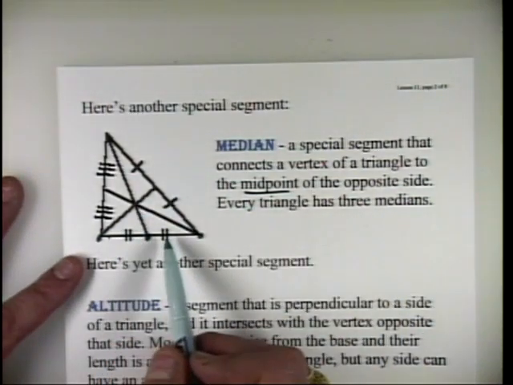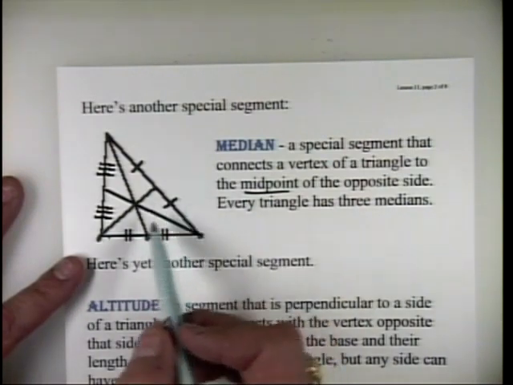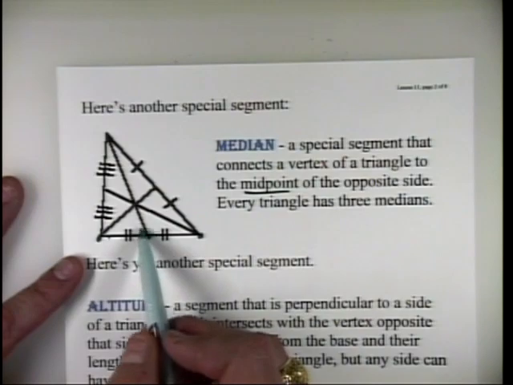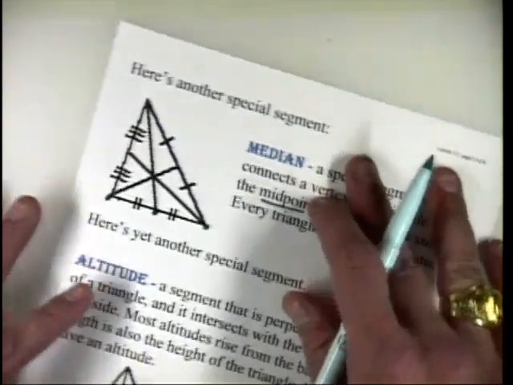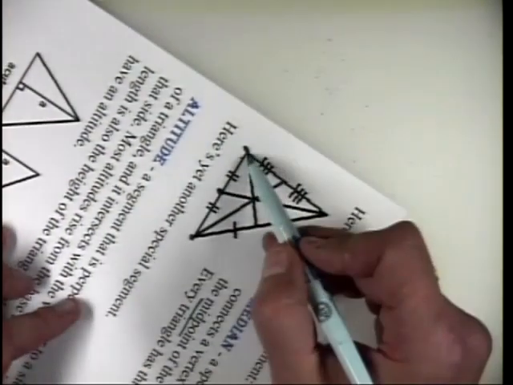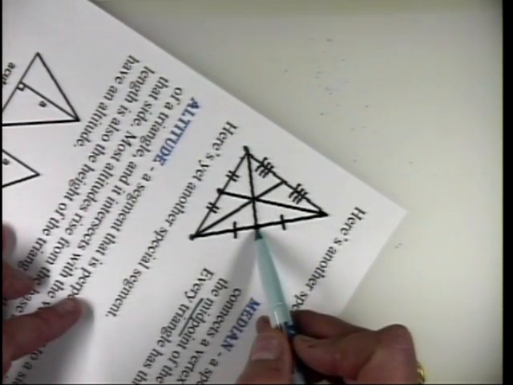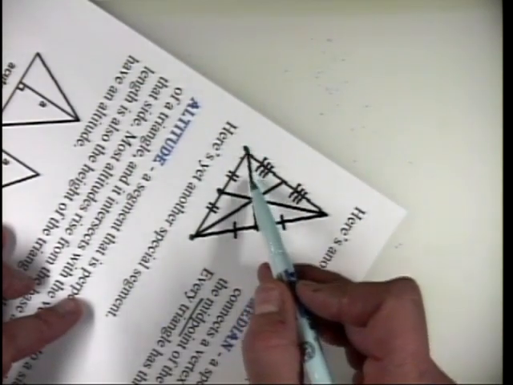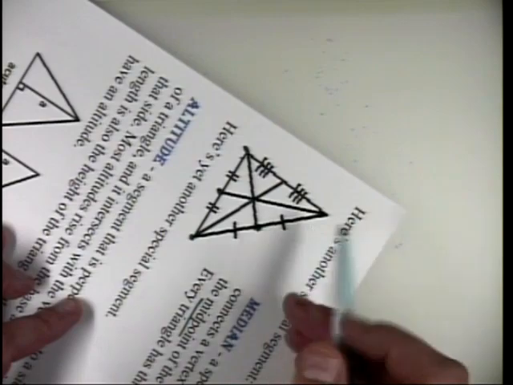So we put the double tick mark here and the double tick mark here. Now notice that this is not a perpendicular bisector because this line right here is not perpendicular to the base. It's not at a right angle. And again, if I just rotate my paper, I could have started at this vertex, found the midpoint on the side opposite, which would be about right here, and then draw a line from the vertex to the opposite side, making 2 congruent segments with a single tick mark.